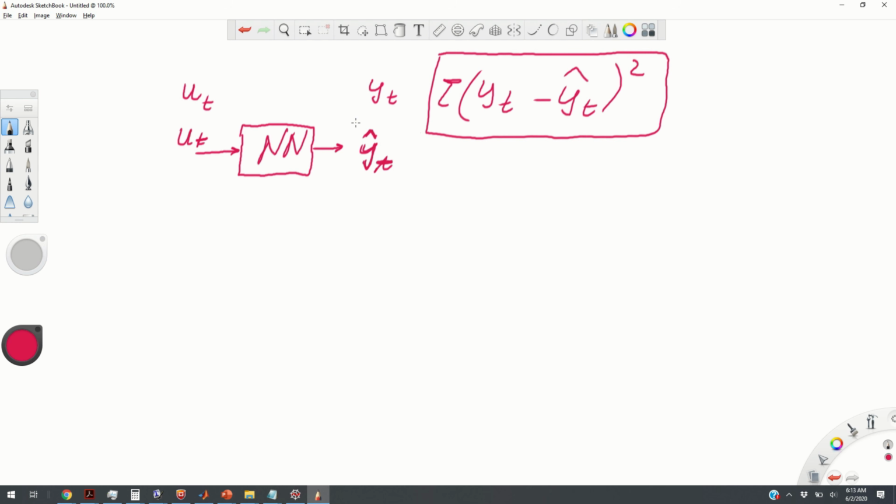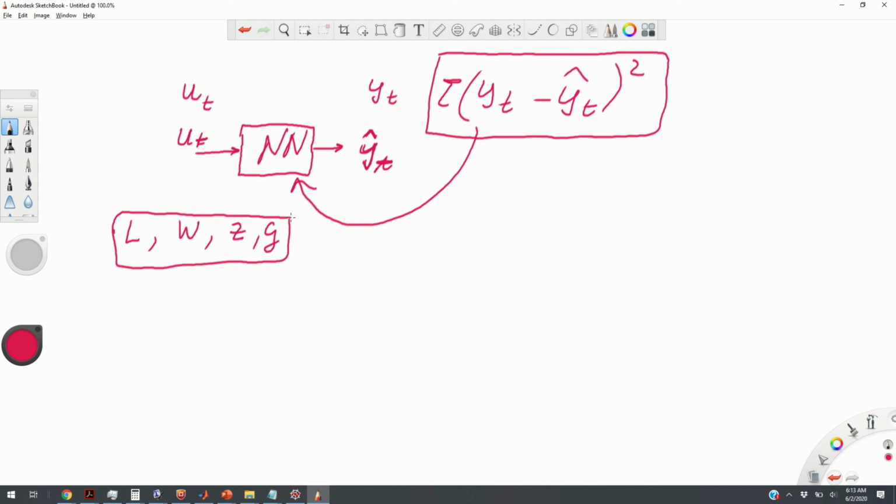So we want to find the parameters of a neural network. If you remember our neural network, we had this constant, we had these matrices L, W, the parameter Z, parameter G. So we are trying to find these parameters in every epoch. We're trying to tune them such that this difference is minimized.